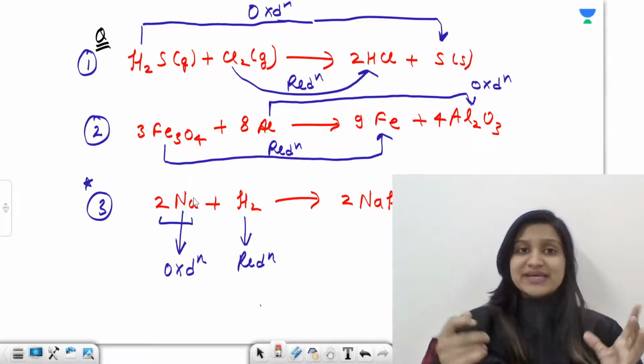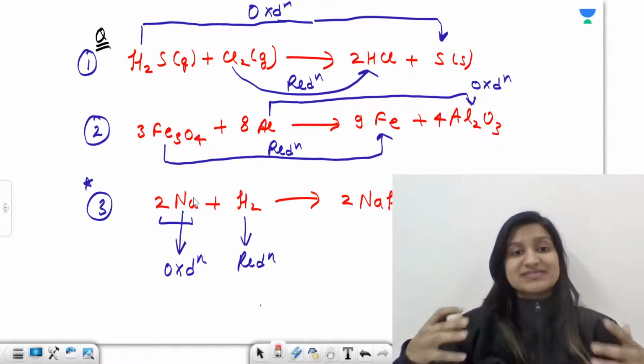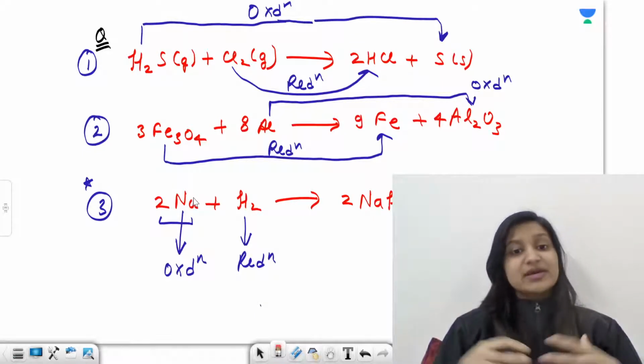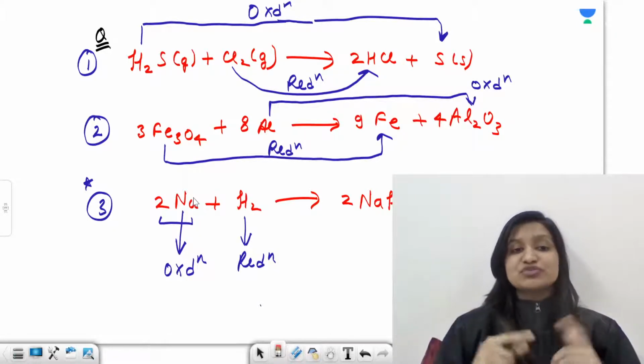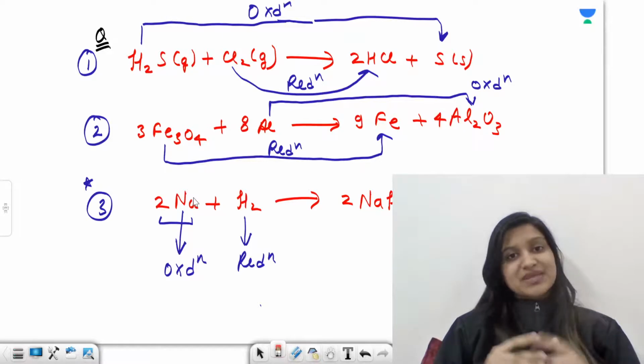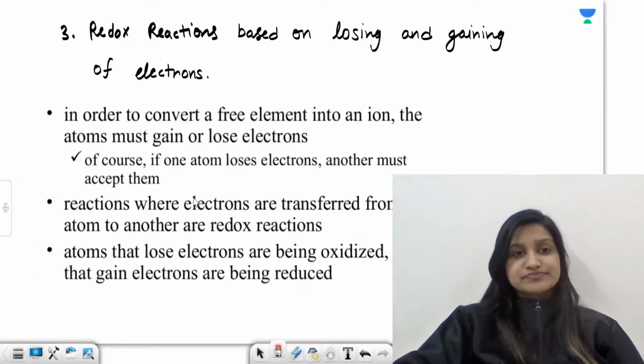Why? Because you added an electronegative element, my bad, electronegative element to this Na, sodium. All right, let's move ahead.